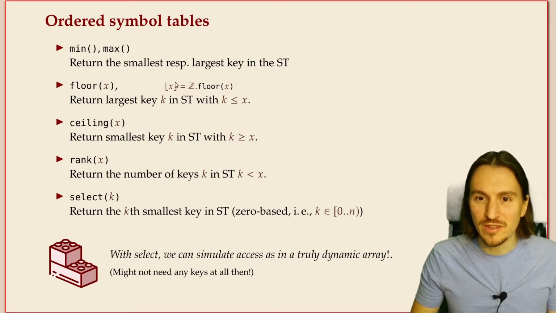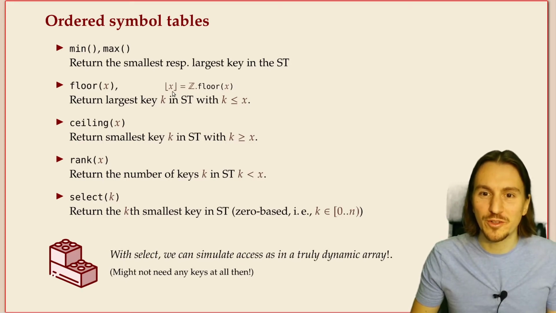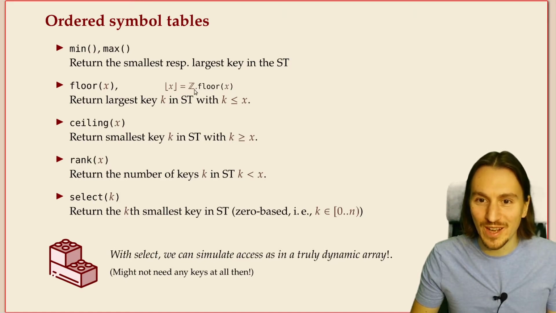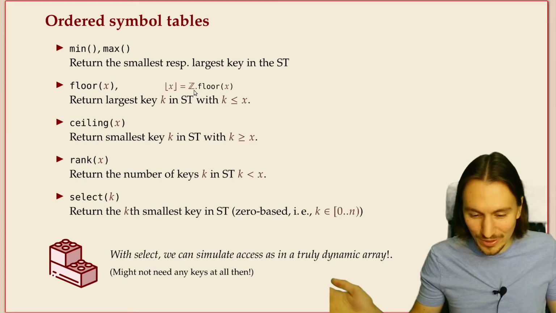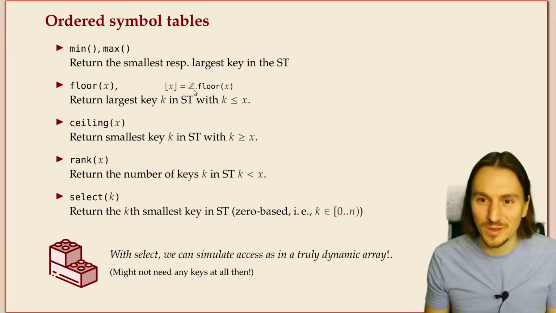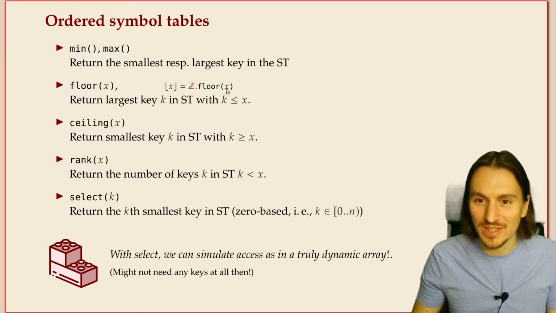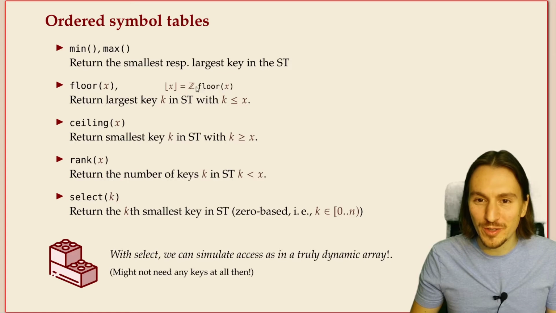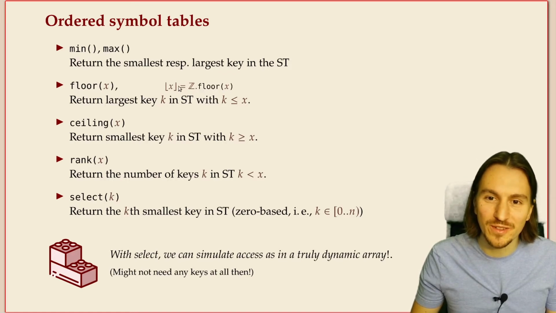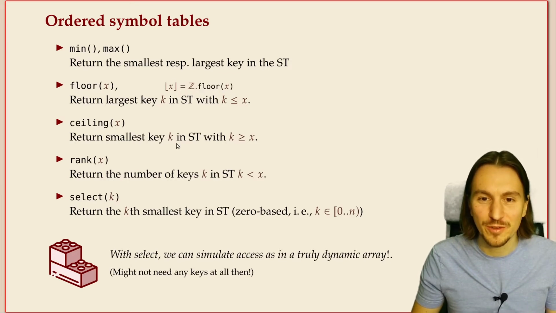And if you think about the ordinary floor function on real numbers, it is defined as calling floor on this symbol table of all integers, which is of course infinite, and we don't want to represent it in the computer, but just as a mnemonic, you take this floor function on the integers, and it gives you exactly that function.